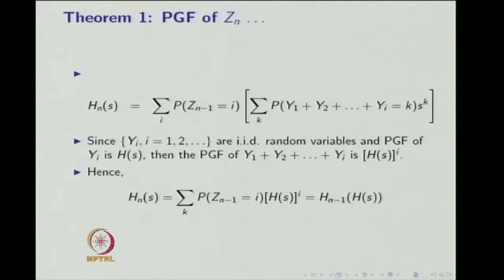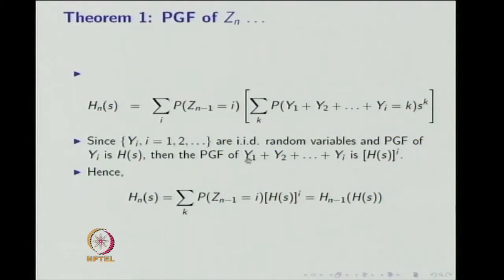Since the Yi's are IID random variables and the probability generating function of Yi is h of s, the probability generating function of the sum of i random variables Yi is h of s whole power i.